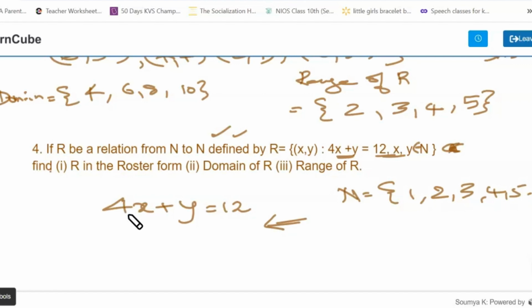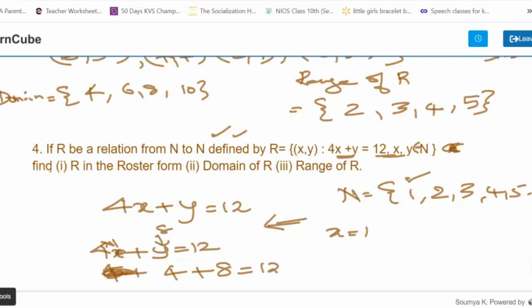Let's check with the first, that is 1. So consider x is equal to 1. We have to get y, 4x plus y is equal to 12, replaced with 1. In that case 4 plus y, and you have to replace the y with 8. 4 plus 8 will give you 12.